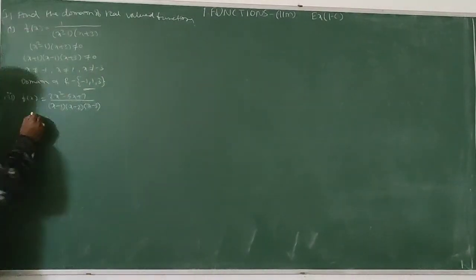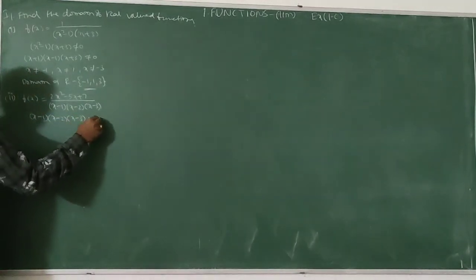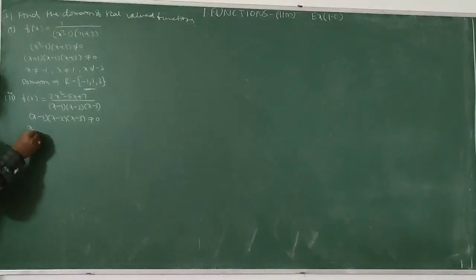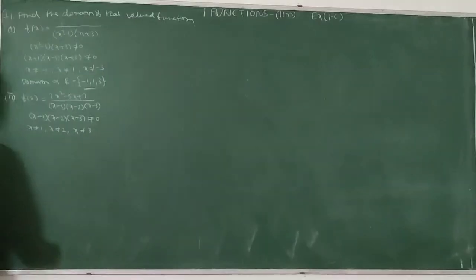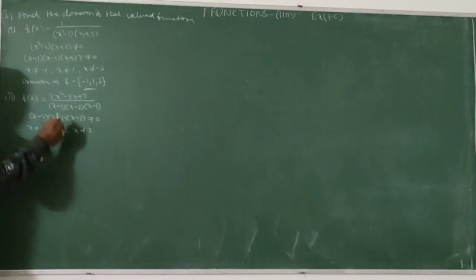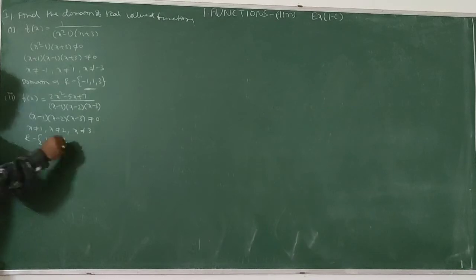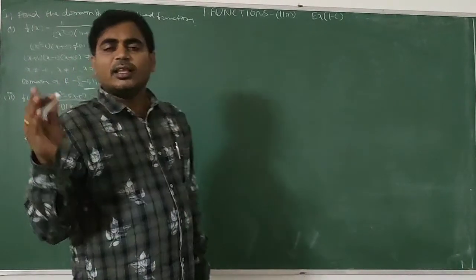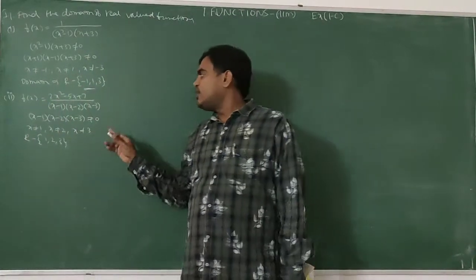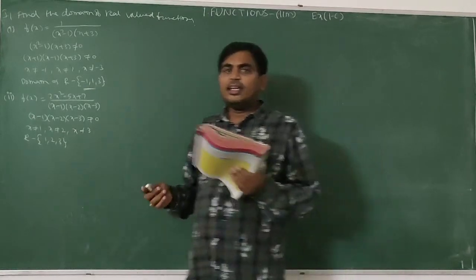So x not equal to 1, x not equal to 2, x not equal to 3. In real numbers, the domain doesn't contain 1, 2, 3: R minus {1, 2, 3}. The images of 1, 2, 3 do not exist. Simply we are removing 1, 2, 3 from the real numbers. Thus we are getting the domain.